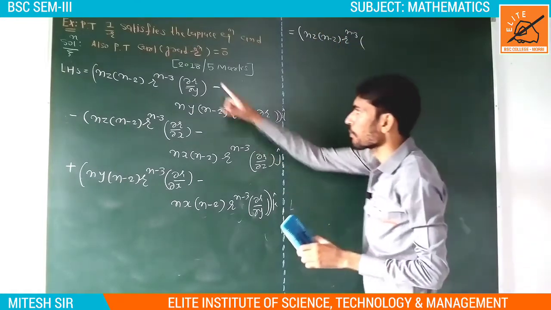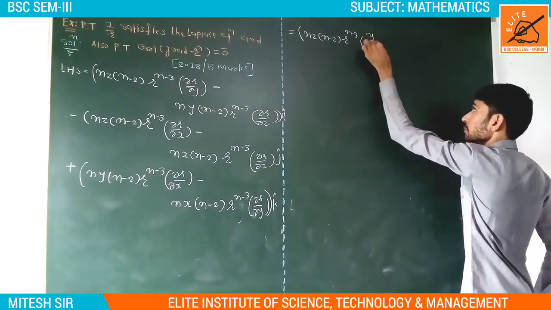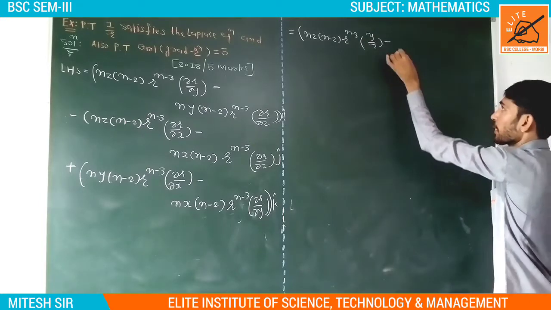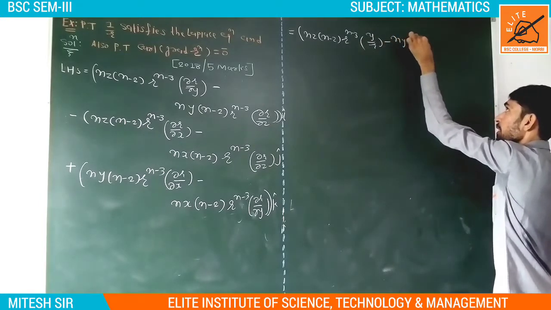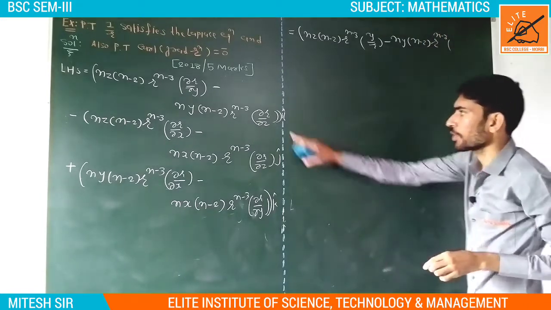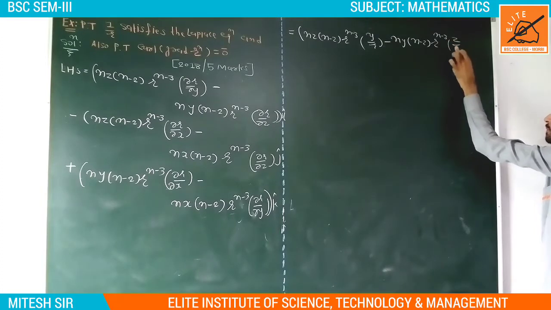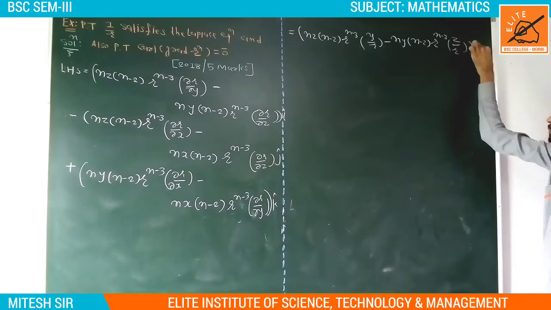Now we substitute the value of ∂r/∂y, ∂r/∂y is the y/r, minus ny into (n-2) r^(n-3). We substitute the value of ∂r/∂z is the z/r into i cap.